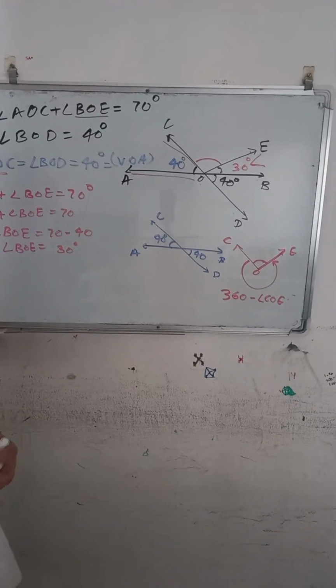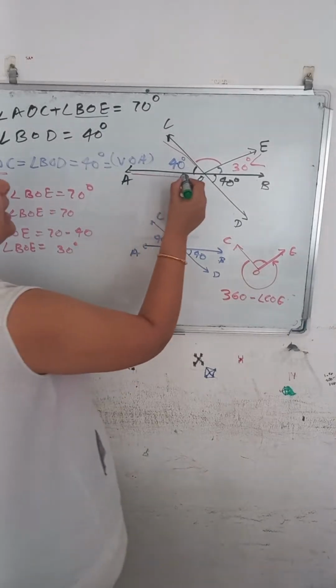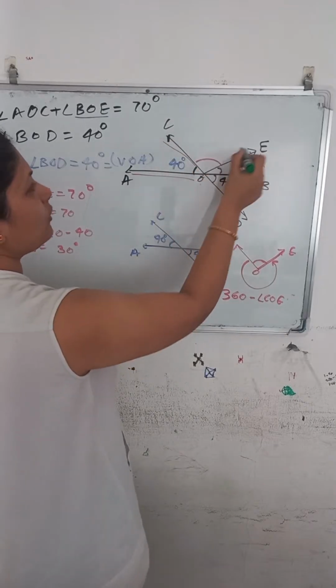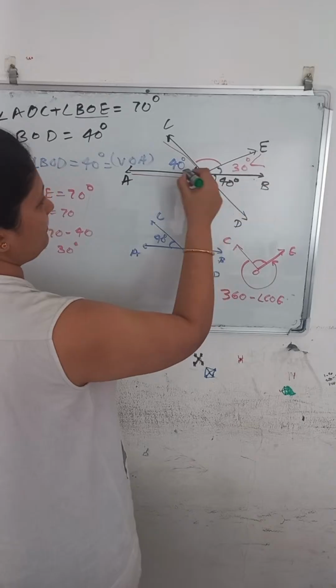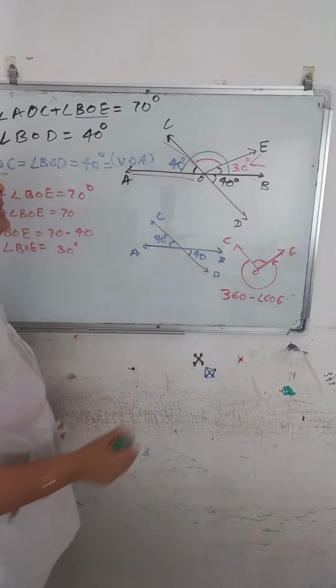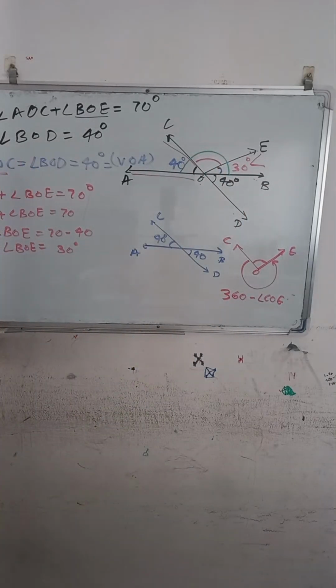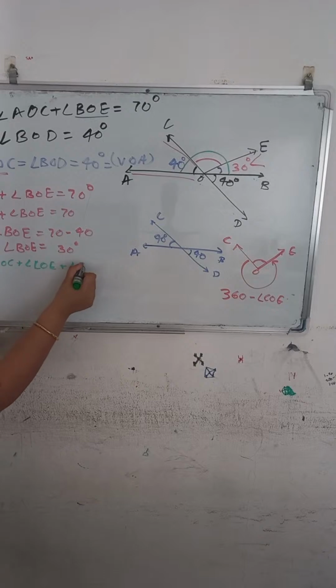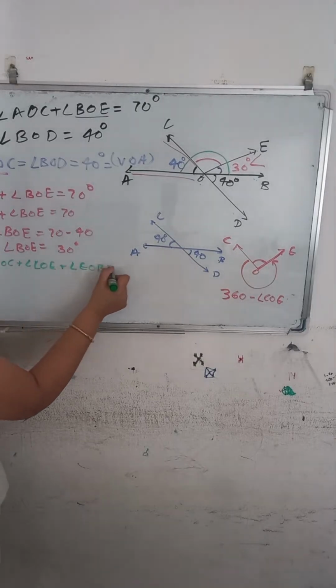But if you observe this diagram carefully, AOC, COE and EOB form a straight line, and they form angle 180. So can I write it like this: angle AOC plus angle COE plus angle EOB is equal to 180 degrees.